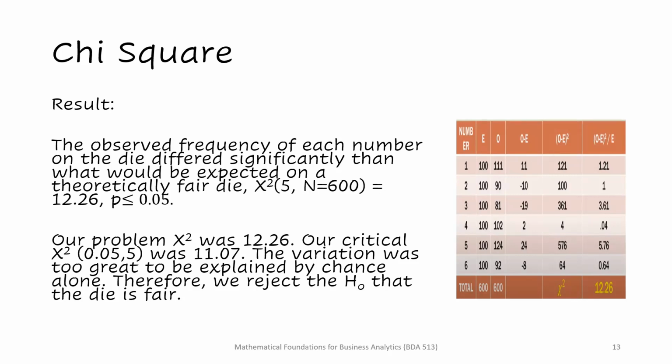So basically, what we've done is look at the expected frequencies and compare them with your observed frequencies. Find the difference, square it, and then divide by the expected frequency. Whatever results you get, you add them up. That gives you your chi-square.